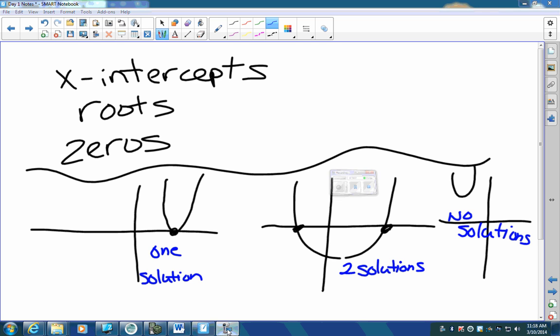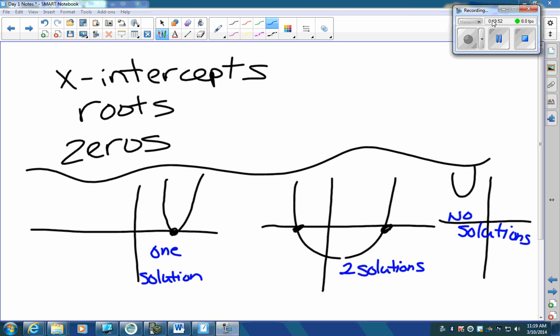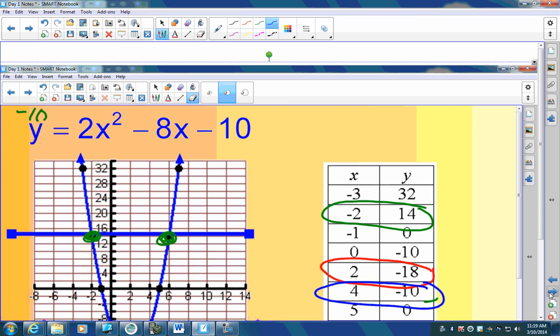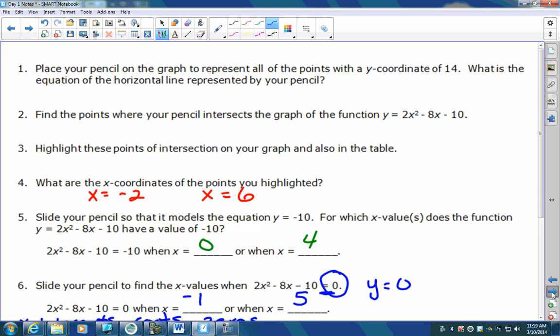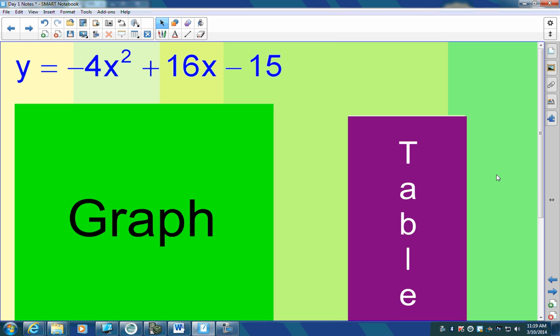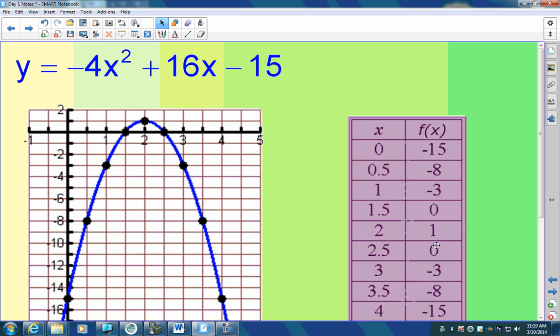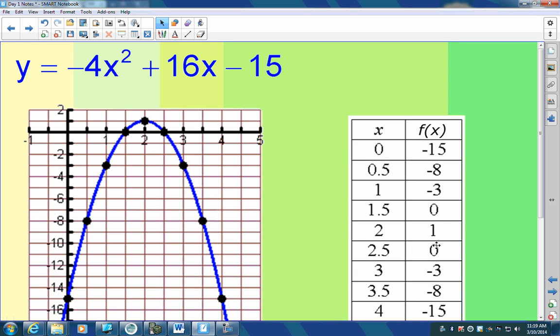All right, so now when we are looking at our other problems on the other side of that paper, we should have had the graph done and the table filled in. If you don't have that done already, please do that now.